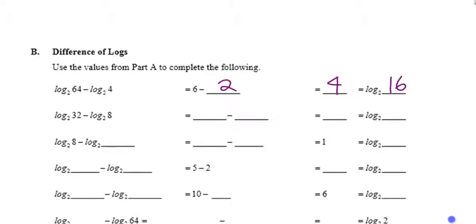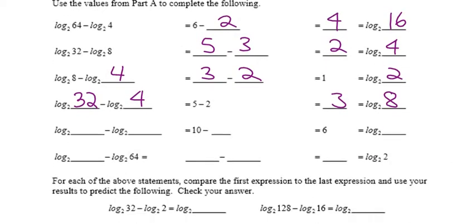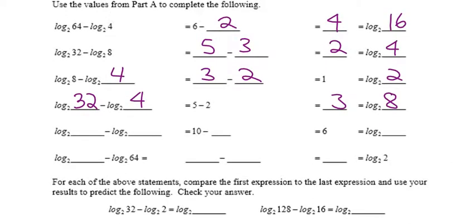Okay? I'm going to pause. You're going to do the rest. So we're just working through these, and I'm filling these in as we go along, and then you can check and make sure I didn't mess anything up, or I did mess stuff up. 10 minus something is 6, and that's 4, and the log base 2 of 64 is 6.